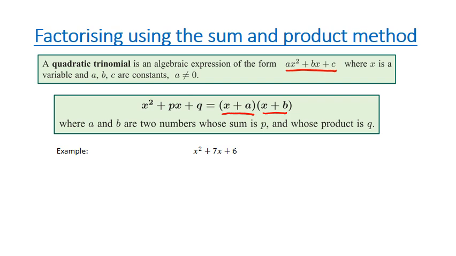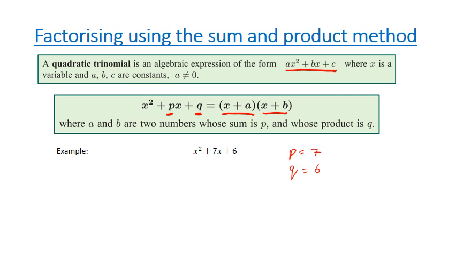But in order to do that, we need to understand that a and b, when added together, give us the middle term of our quadratic. In this particular case, I've written down p. And when you multiply a and b, that gives us our q value. So in our example down here, we've got a p value of 7 and a q value of 6.